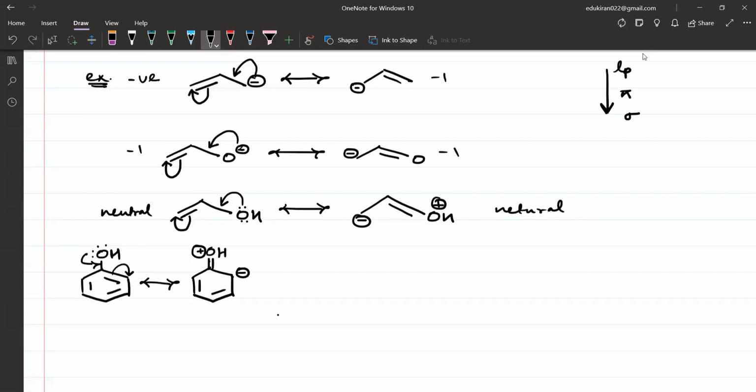Again, you can see A double bond B, single bond C, and C with a negative charge. So again, electron source. You are going to get negative charge here. The double bonds will be here and here. This is still OH positive. Now, negative charge will move here. The pi electron is going to move here.